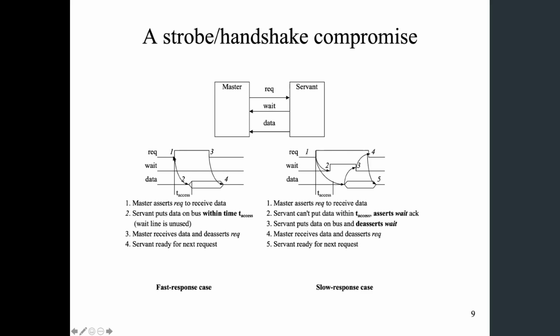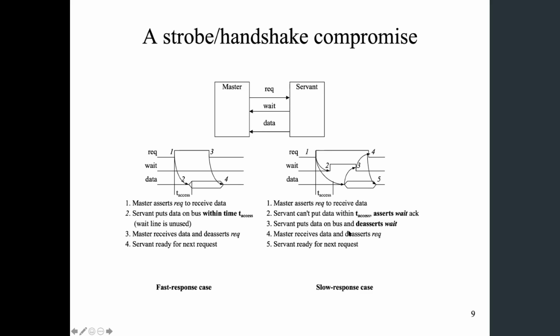So the master requests the data, after T access time the servant puts valid data on the bus, and then the master reads during this time frame, and then the master deasserts the request, and finishes the transaction. So in this case, the wait line is unused because the servant is working as expected, and is able to put valid data on the data bus within this T access time.